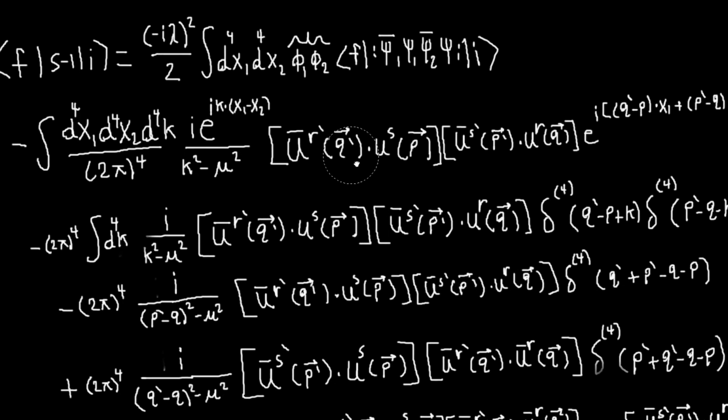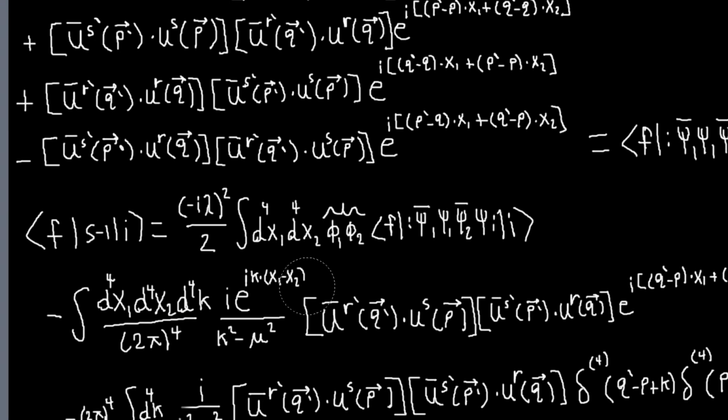Basically, if you look at these four terms, because of the delta function, this term and this term are the same, and this term and this term are the same. The only difference is that I have x1 exchanged with x2.